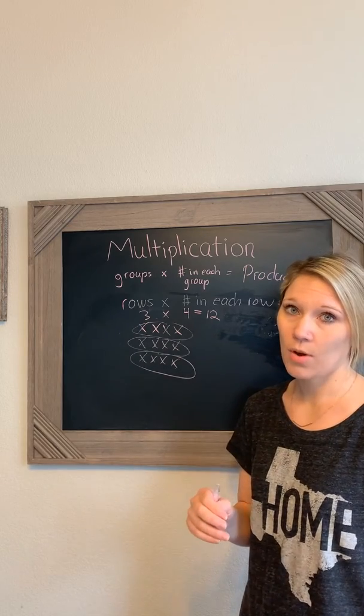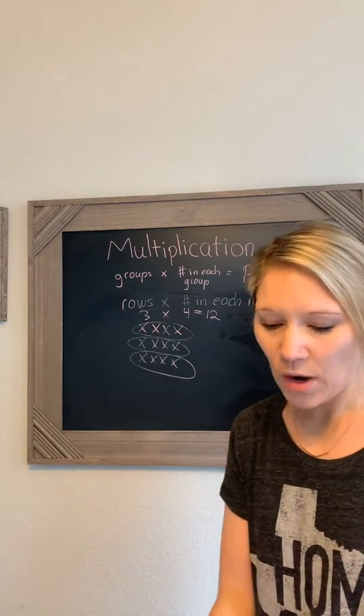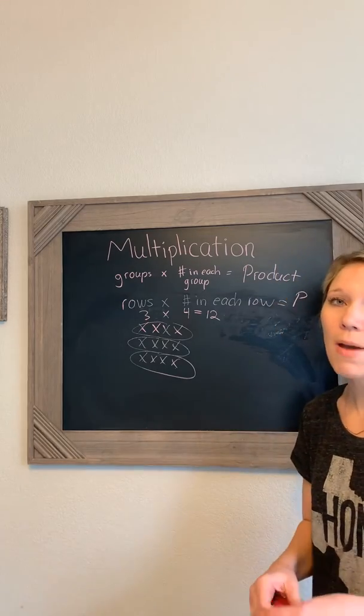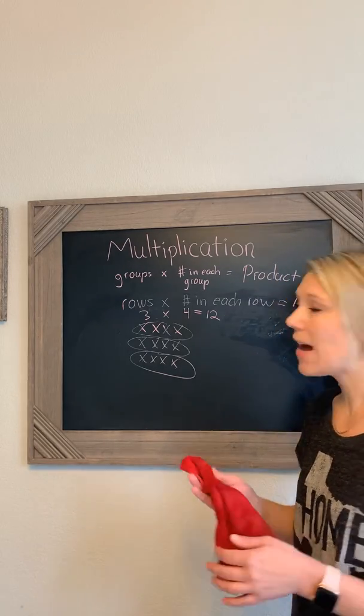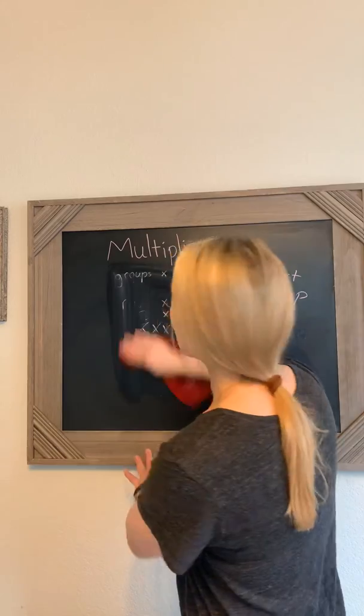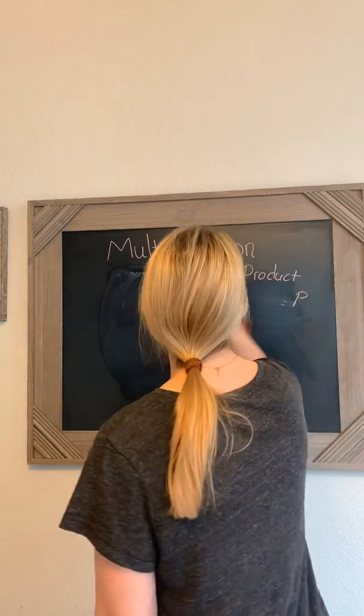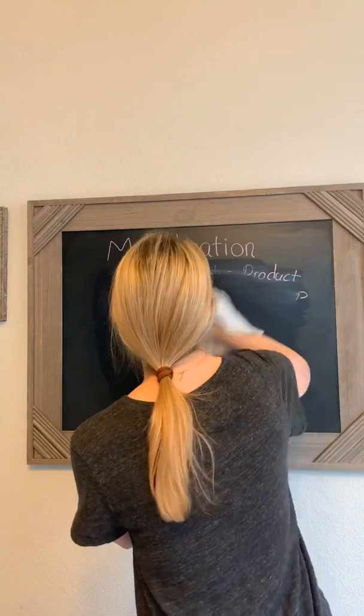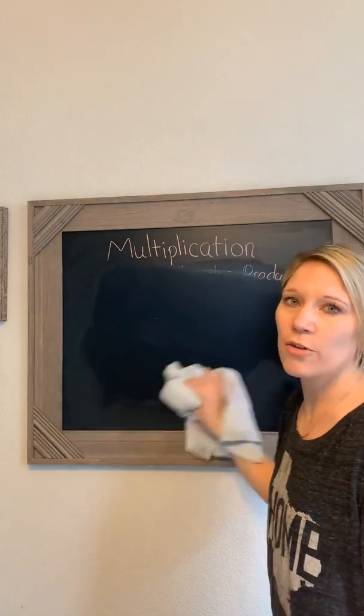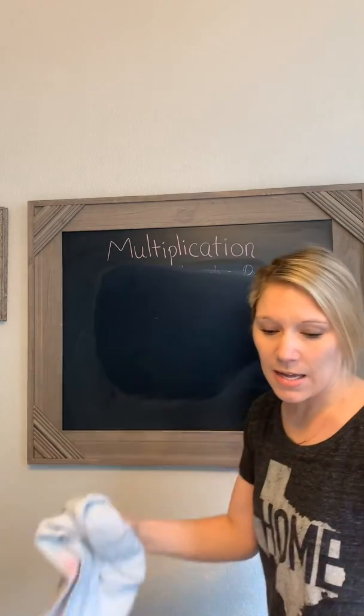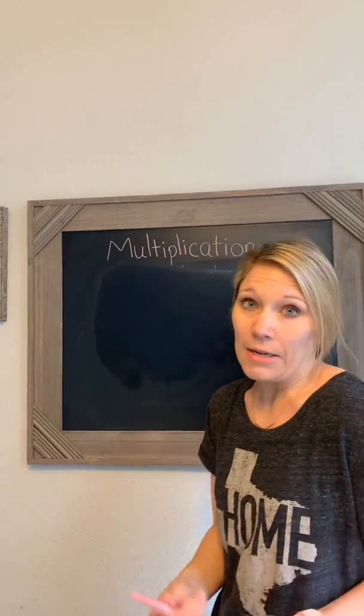One strategy that we've been talking about for memorizing our multiplication facts is our tic-tac-toe. Okay, so let me erase this. I know that memorizing a bunch of multiplication facts can seem daunting and tricky, okay?